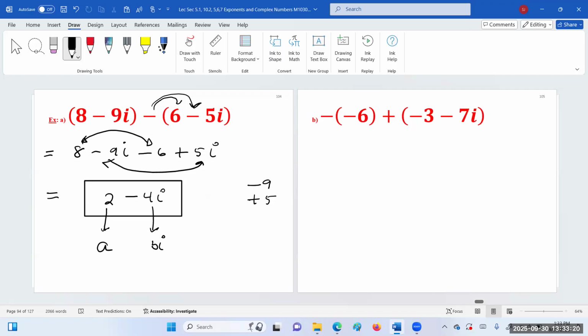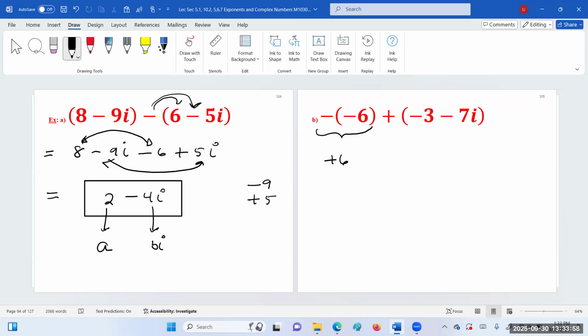Think about the next one. What happens here? Plus 6.